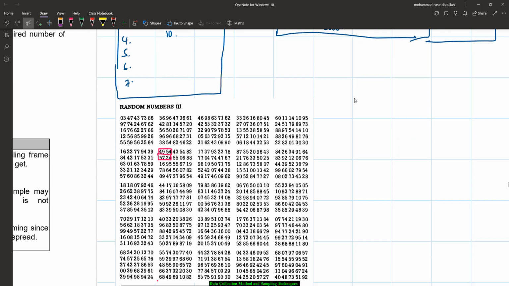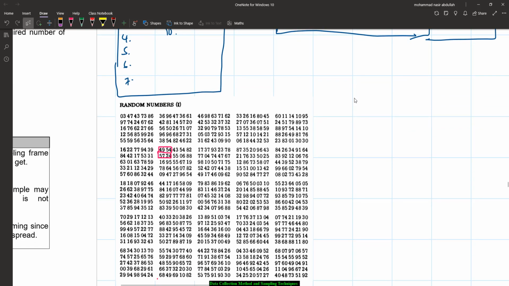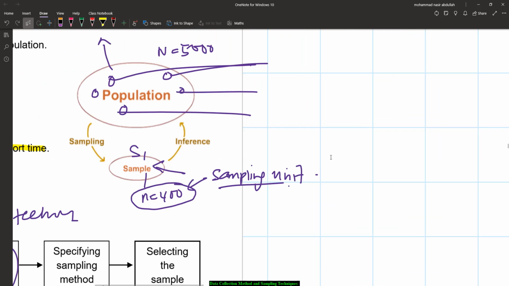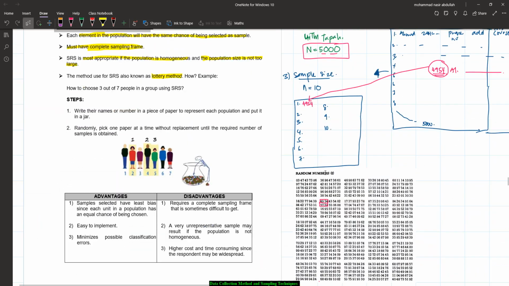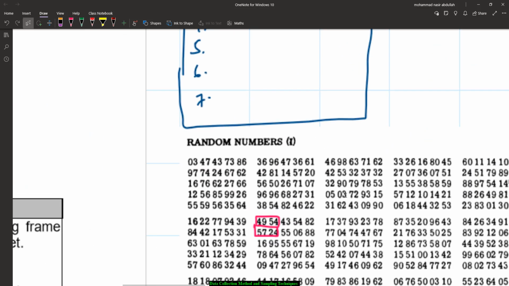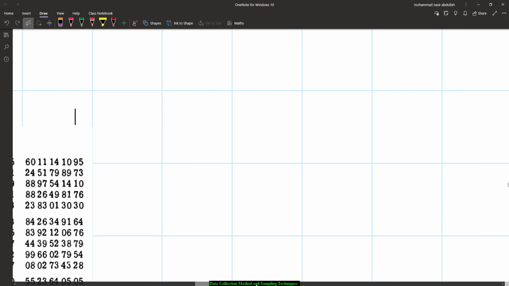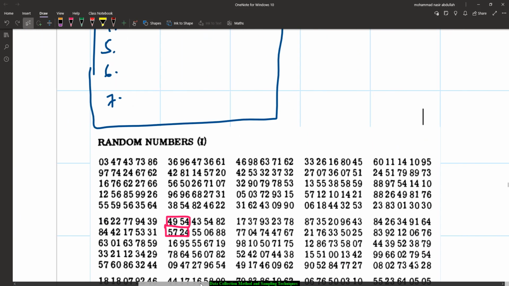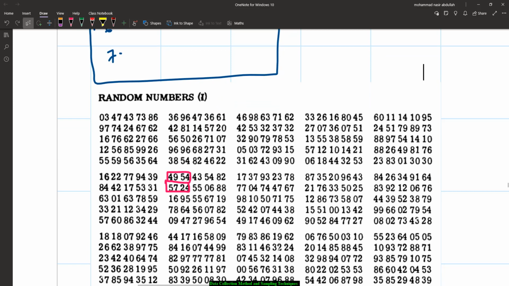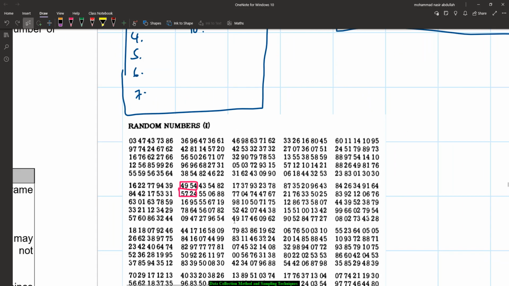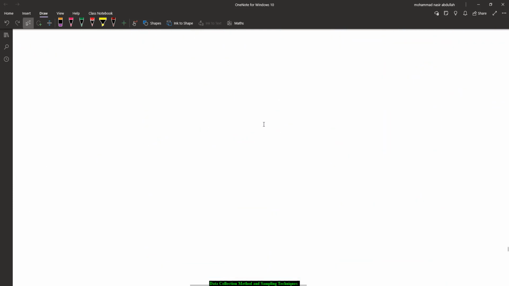Right, can you see here? 5724. Bigger. Okay. The second number here, random number, 5724. But you can see our limitation.